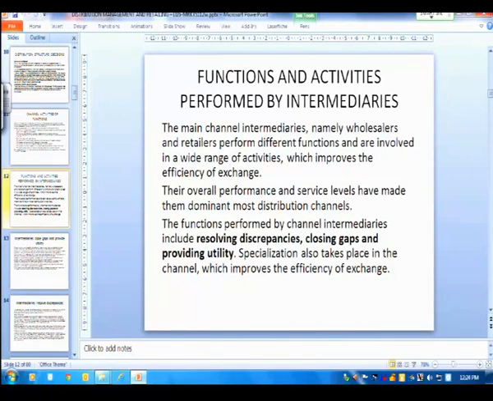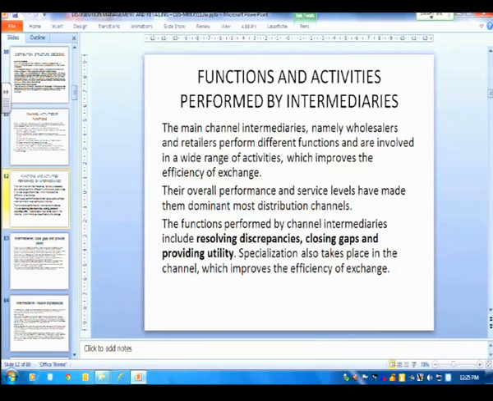Functions and activities performed by intermediaries. So we want to look at the functions now and the role that is played by intermediaries. The main channel intermediaries, namely wholesalers and retailers, perform different functions and are involved in a wide range of activities, which improves the efficiency of exchange.